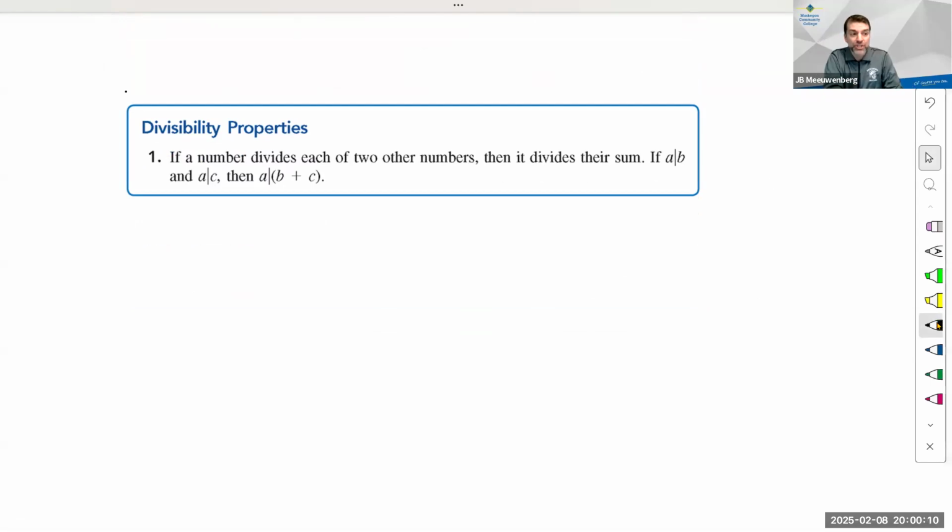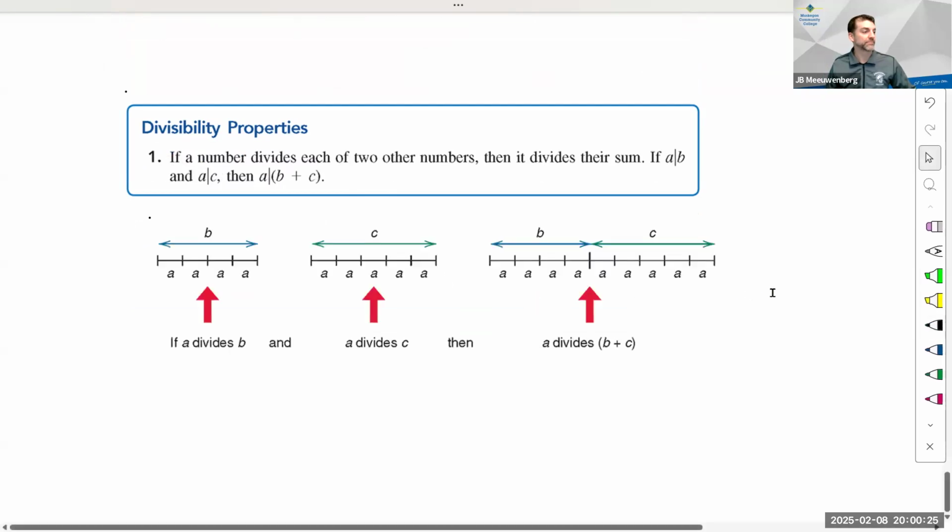Notationally, if A divides B and A divides C, then A divides B plus C. Visually, that looks like this. Again, maybe take a moment to pause and stare and let this sink in.